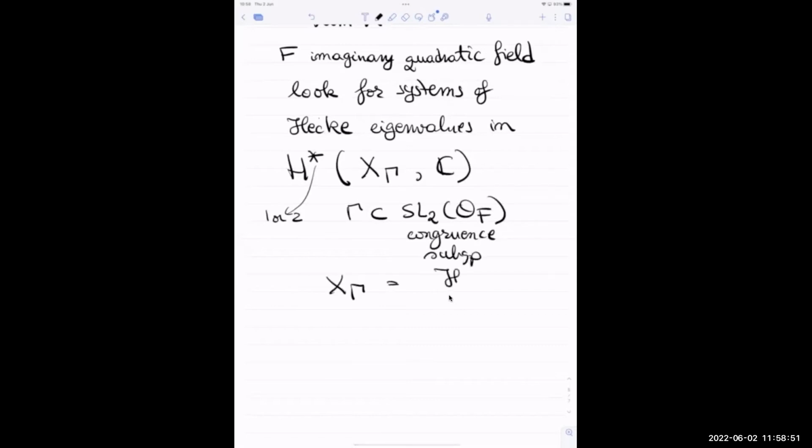So it's a quotient of hyperbolic 3-space by Γ. And these do not have an algebraic structure in any natural way.